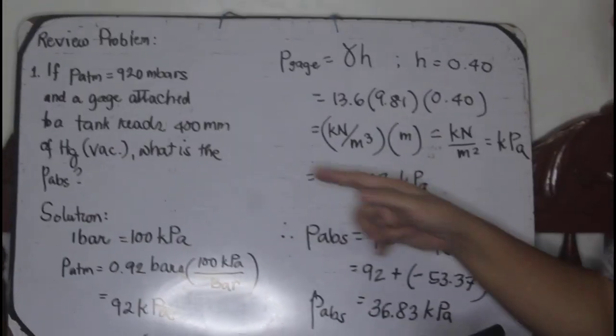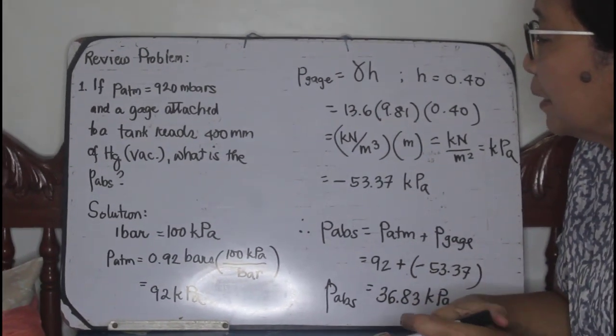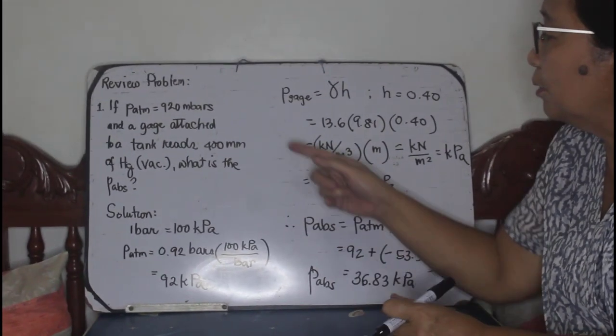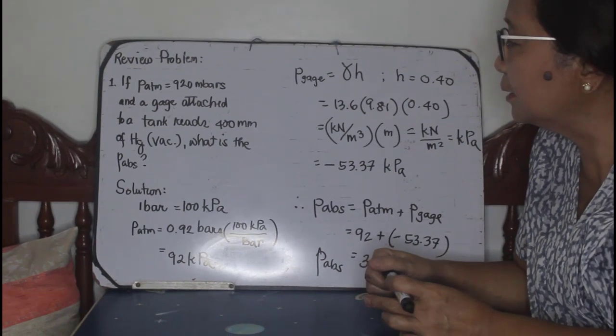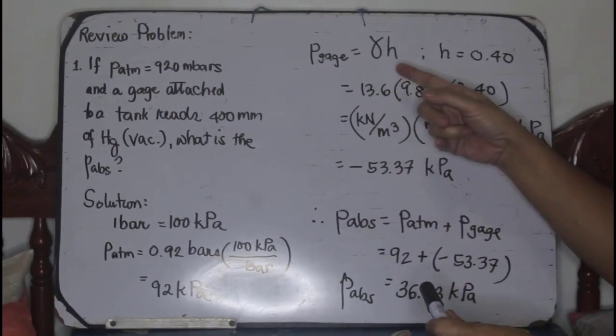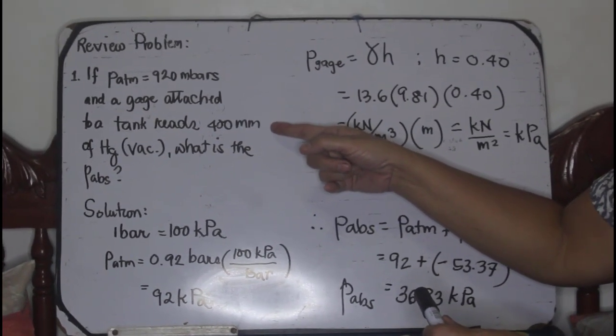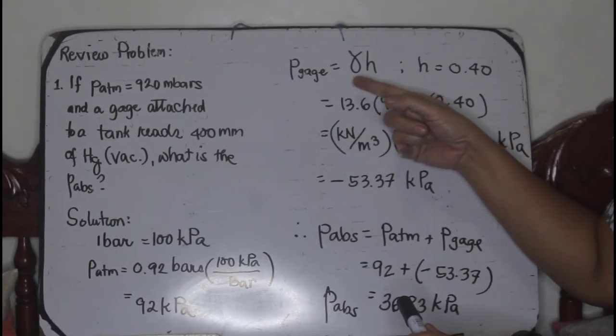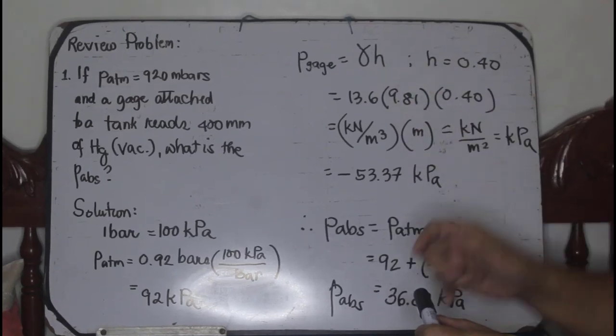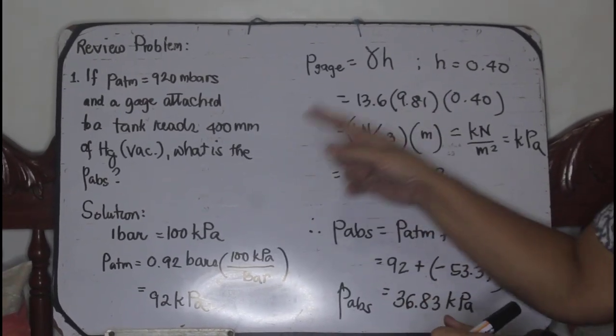Okay. Now the problem states that the reading on a tank is 400 millimeters of mercury vacuum. So that is a gauge pressure. This is a measurement of the gauge pressure on the tank. So the gauge pressure is equal to the unit weight of the fluid that causes the pressure.